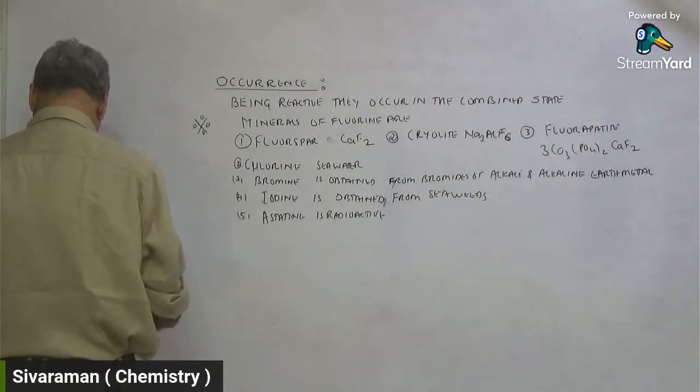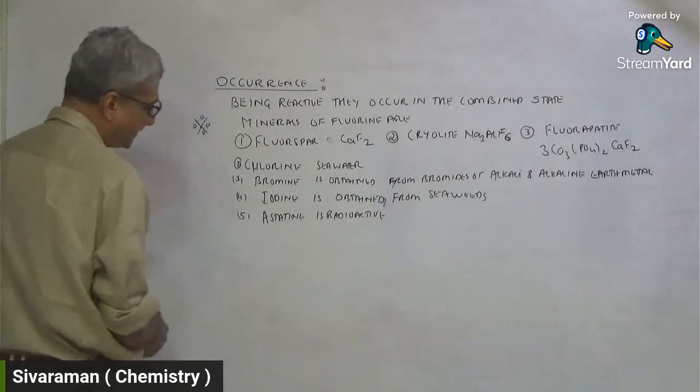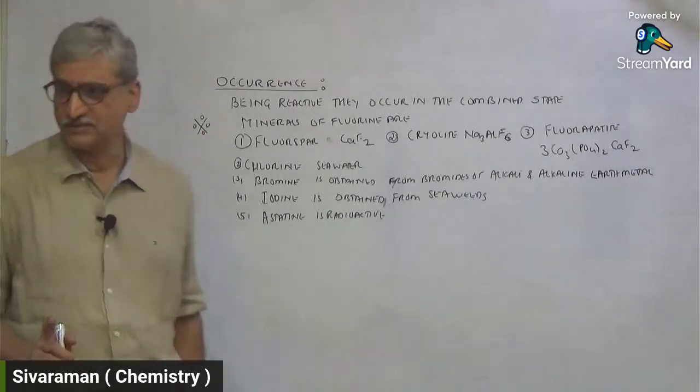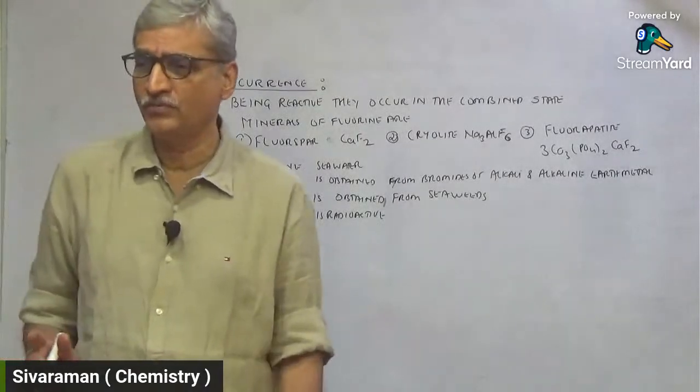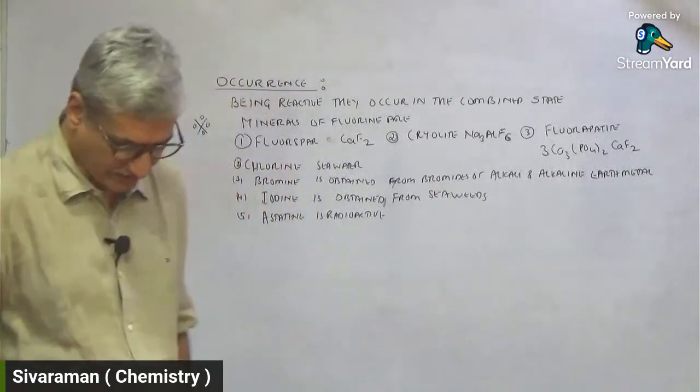Whenever you're talking about halogens from now onwards, we are only talking about fluorine, chlorine, bromine, iodine. We are excluding astatine because of its radioactivity.